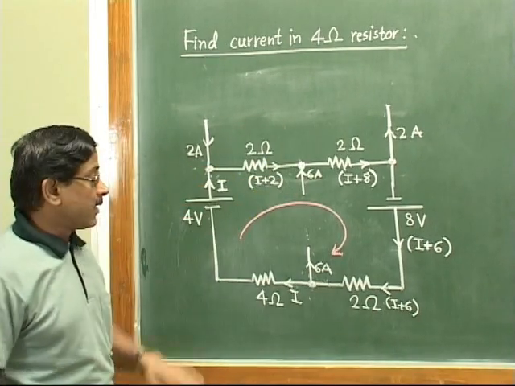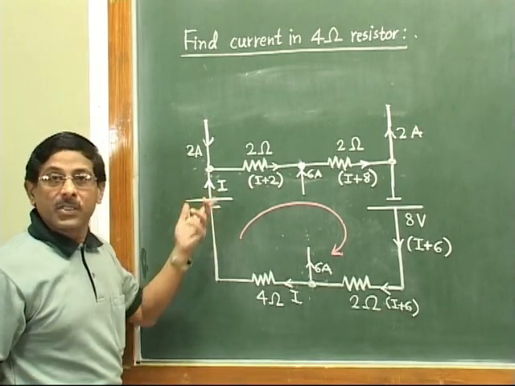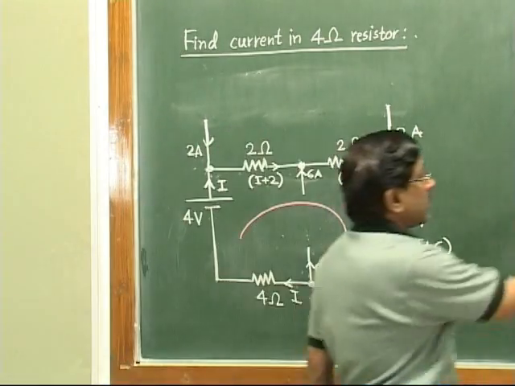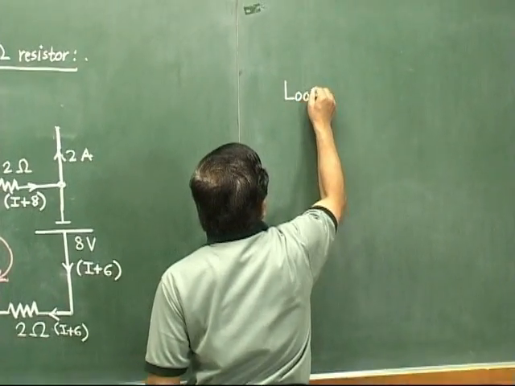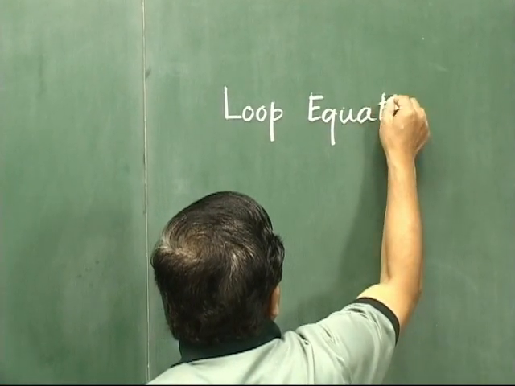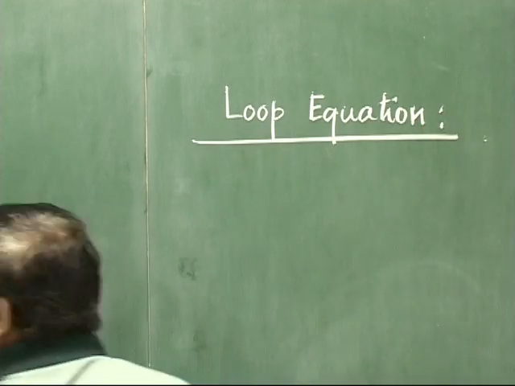Now, one loop which we have identified, one variable we needed, and so just write the loop equation. Remember, we are solving with Kirchhoff's laws now. So this part is the solution with Kirchhoff's laws.